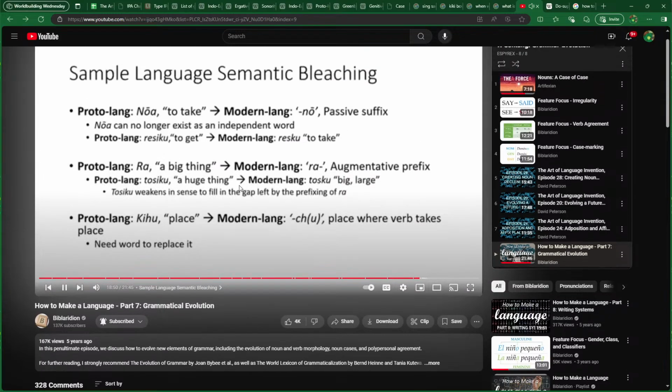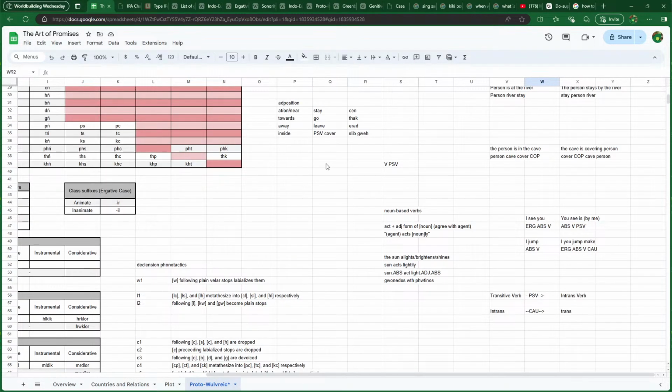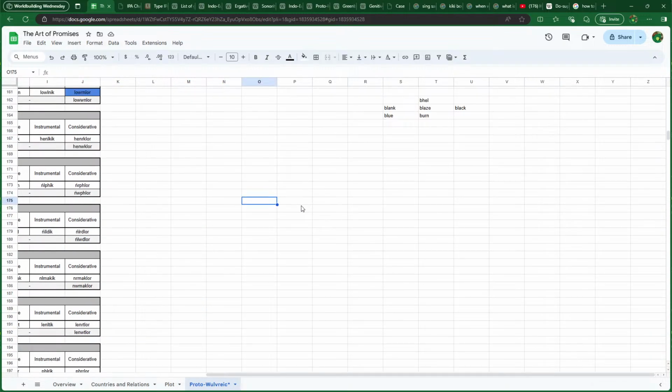Status is an independent word. Semantic bleaching. So basically, in the olden times, stay was transitive, right? So I stay river.